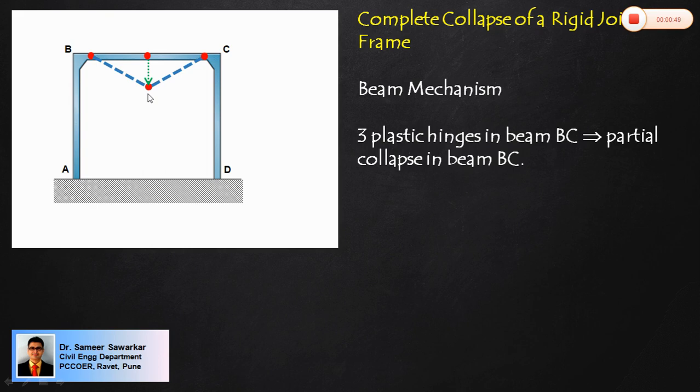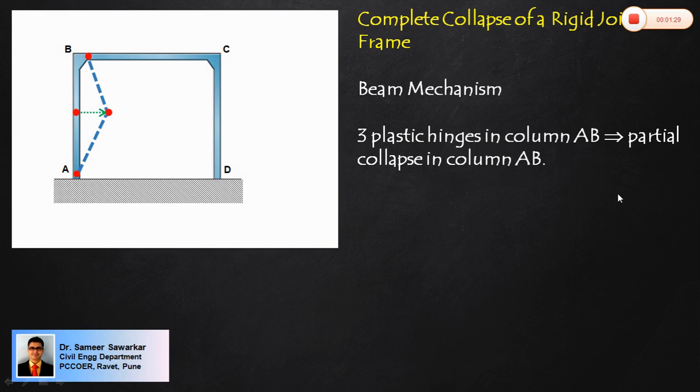Not only more damage, the entire structure may fail if the column is so positioned. So whenever plastic hinges are shown for the sake of analysis, usually they are shown in the beam portion, not in the column portion, assuming that the column is stronger than the beam. So here we are observing three plastic hinges in beam BC and there is a partial collapse in the beam BC.